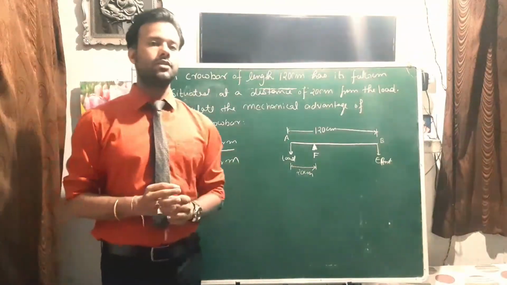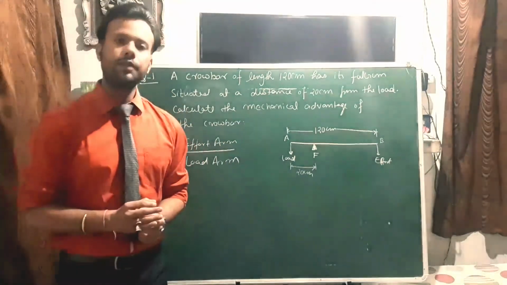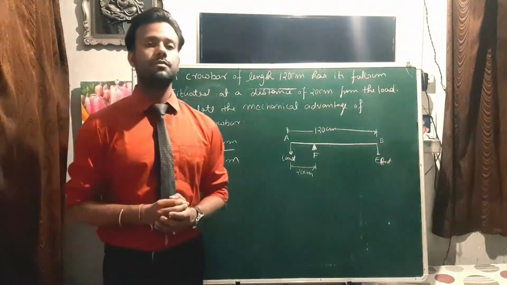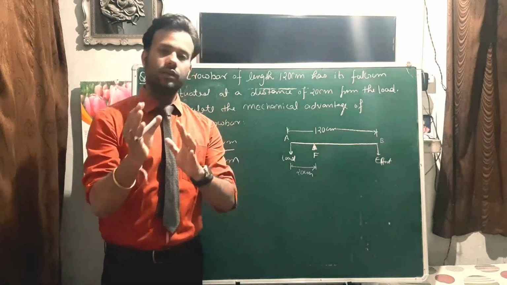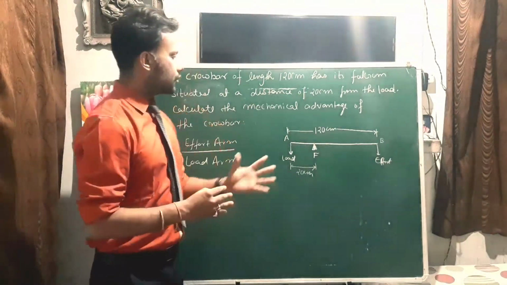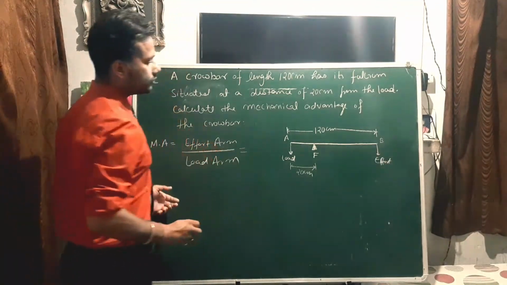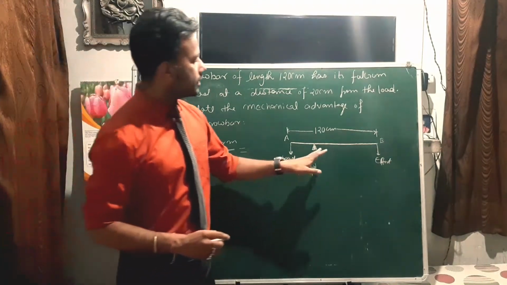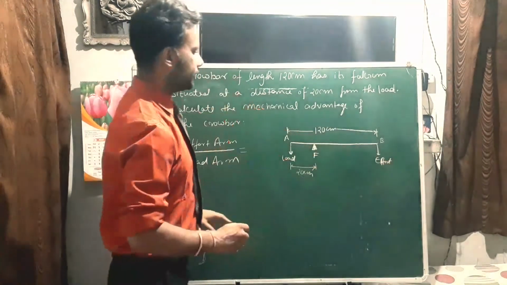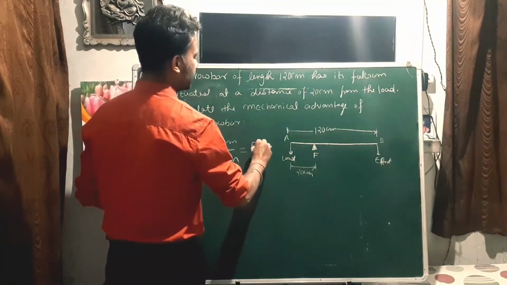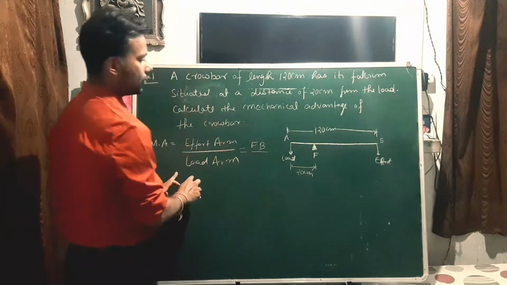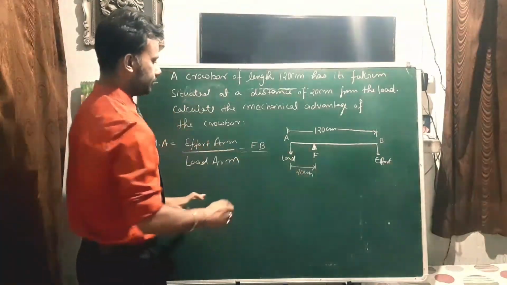The effort arm is the distance between the fulcrum and the effort, and the load arm is the distance between the fulcrum and the load. So in this case, you can see that the effort arm is FB, and the load arm is FA.